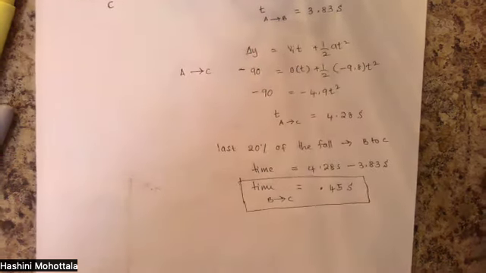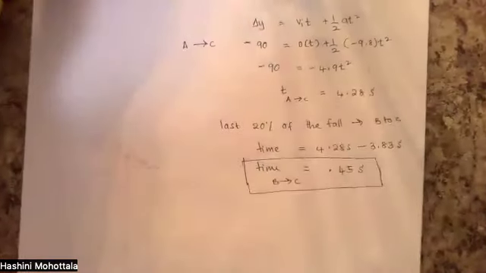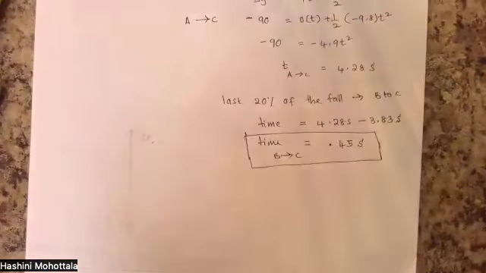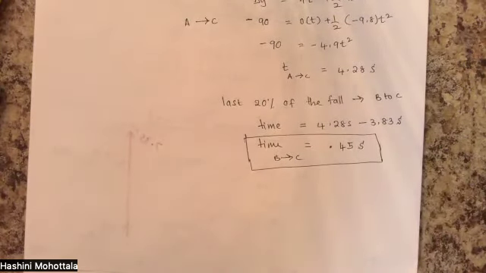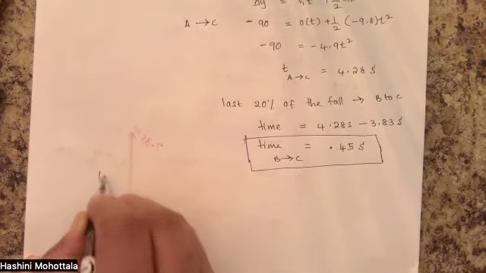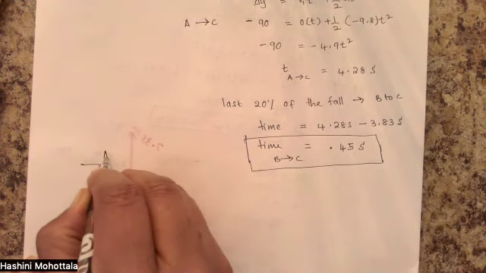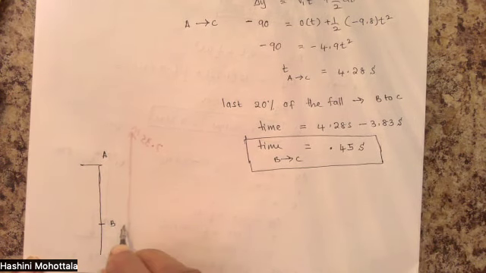If you look at the question again, it asks you, what is the velocity when you start the last 20% of the motion? Good thing that we found the time from A to B. We have the time from A to B, and B is the time that the last 20% starts.